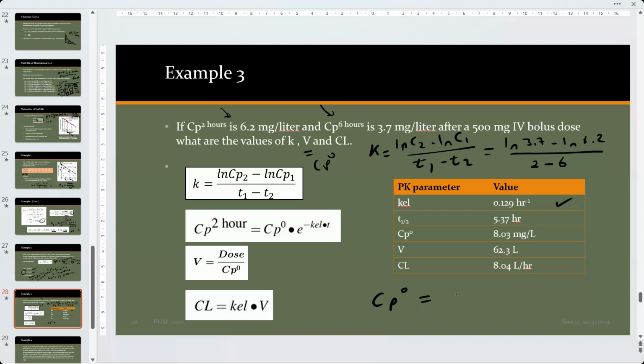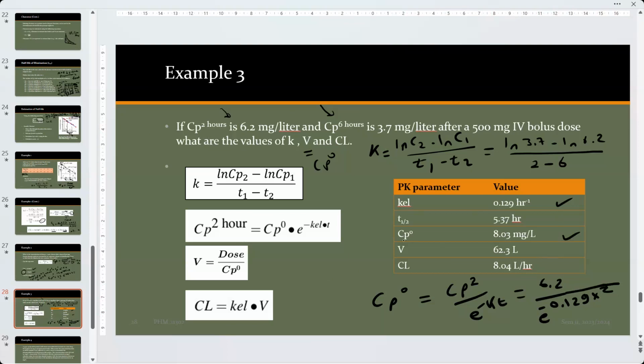So when you convert the equation, you make Cp naught equal to Cp2 divided by e to the power negative k, 0.129, times the time. How many hours between concentration at 2 hours and the Cp naught, 2 hours. So you should get this value.